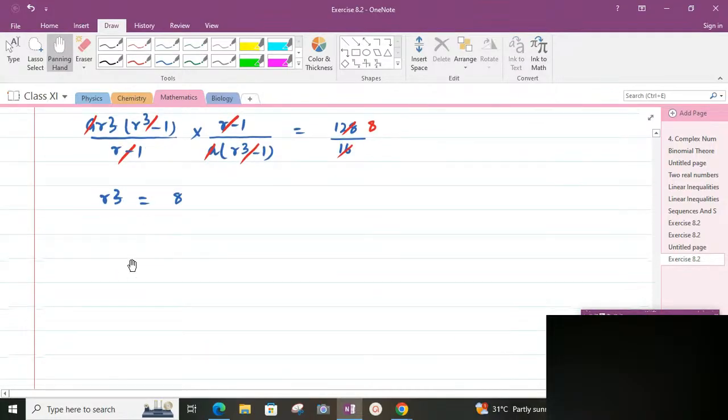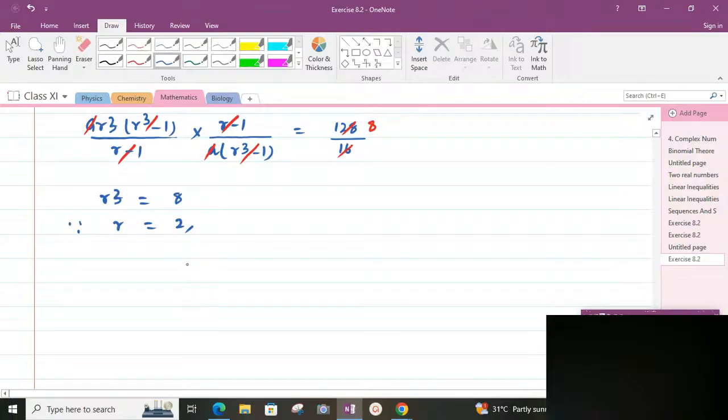So the cube root of 8 here will be, therefore R equal to 2. This is the cube root of 8 equal to 2. Of that there is no problem to understand up to this step.